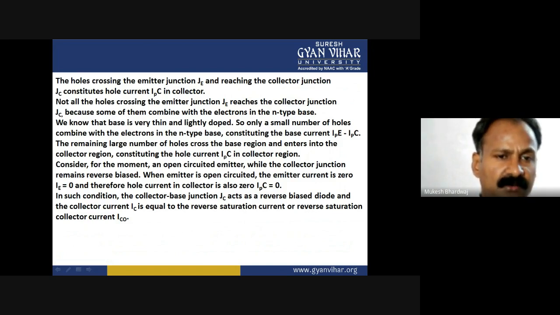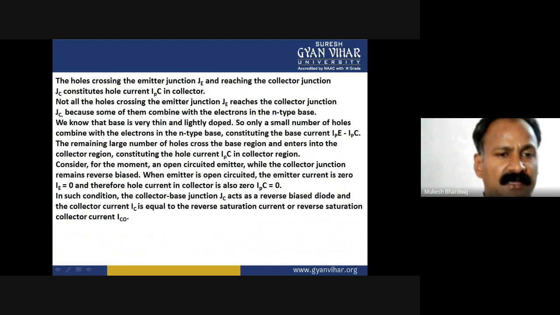Some are diverted through the base, because some of them combine with the electrons in the n-type base. We know that the base is very thin and lightly doped, so only a small number of holes combine with the electrons in the n-type base, constituting the base current IPE minus IPC.